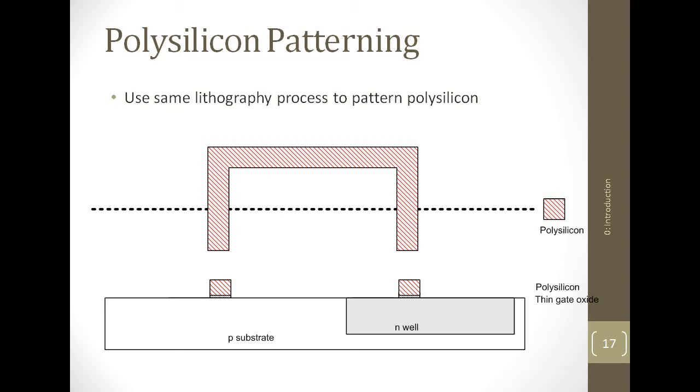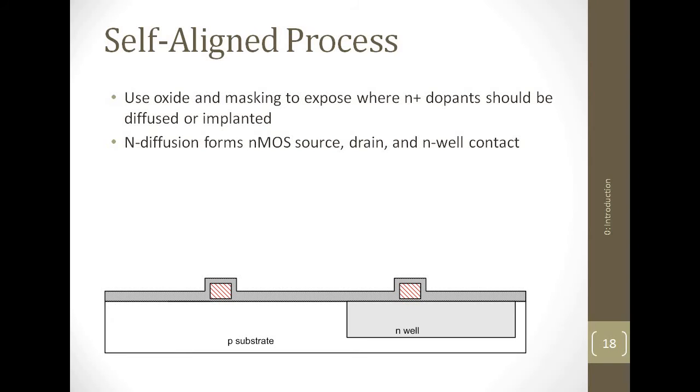So this is the polysilicon pattern. Because we have a P channel MOSFET as well as an N channel MOSFET, polysilicon makes the gate structure. So for both we need to give gates, and here you can see polysilicon is patterned so as to make both the gates, one for PMOS and one for NMOS. Self-aligned process: use oxide and masking to expose where N-type dopant should be diffused or implanted.